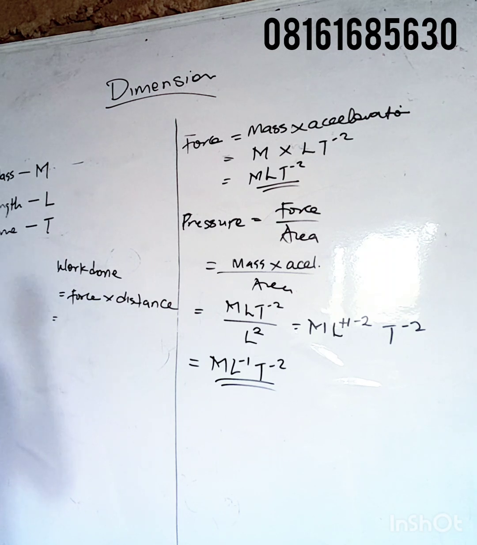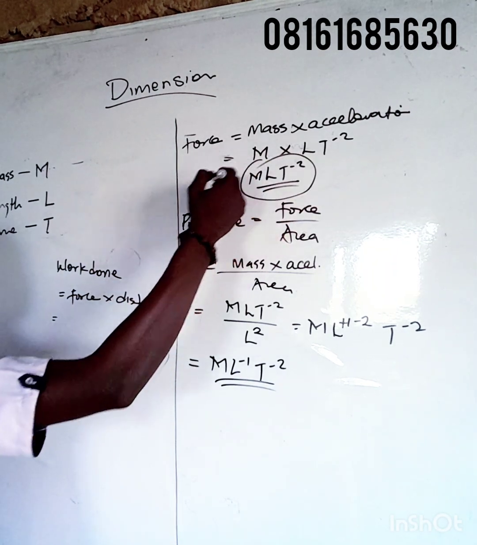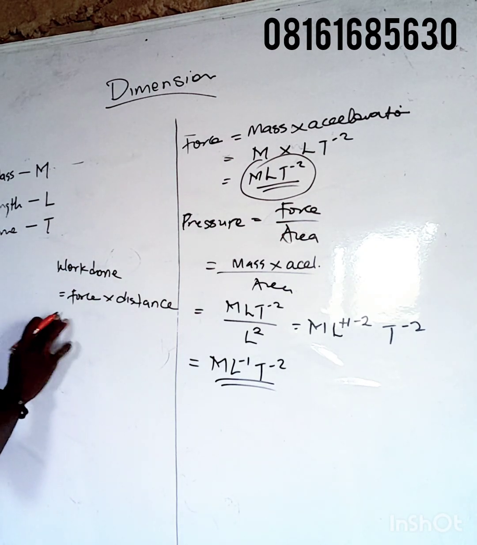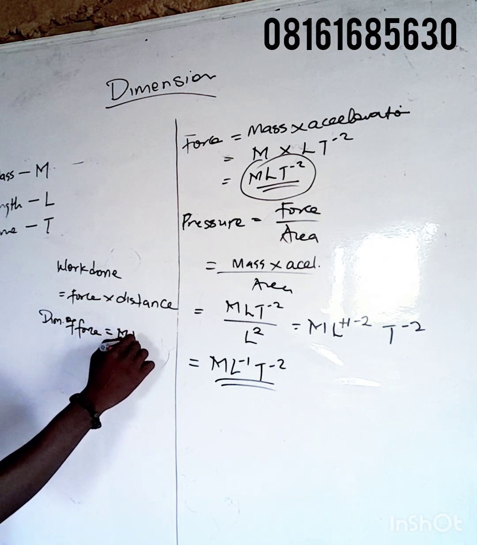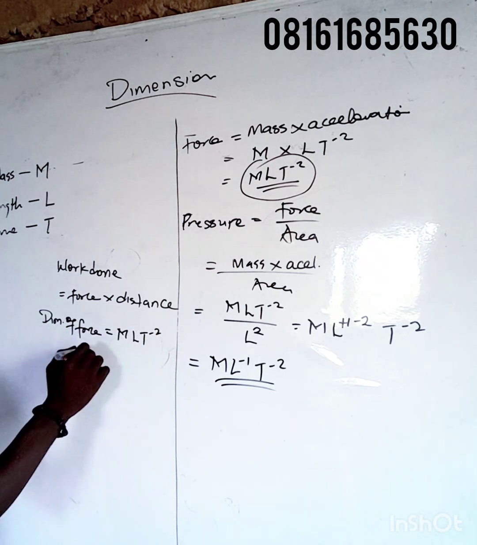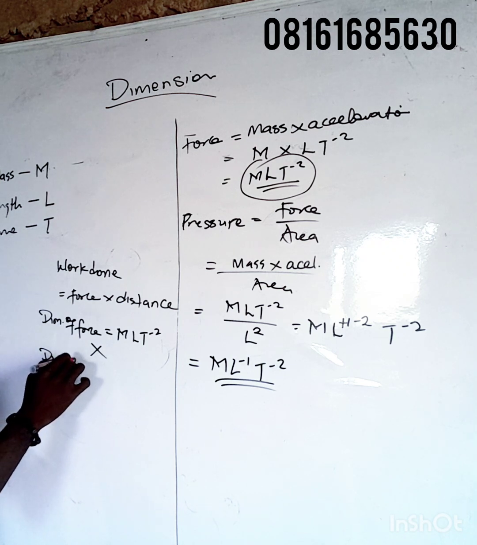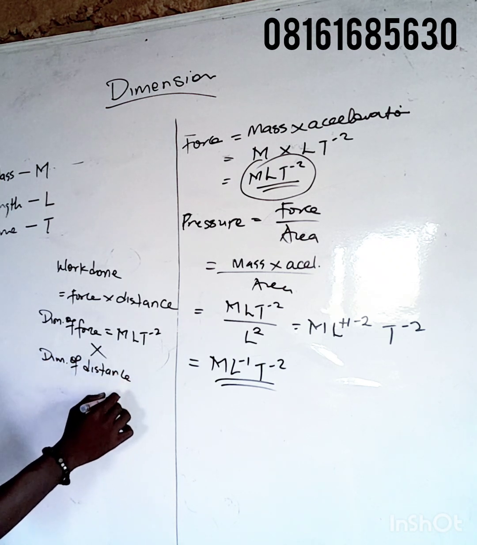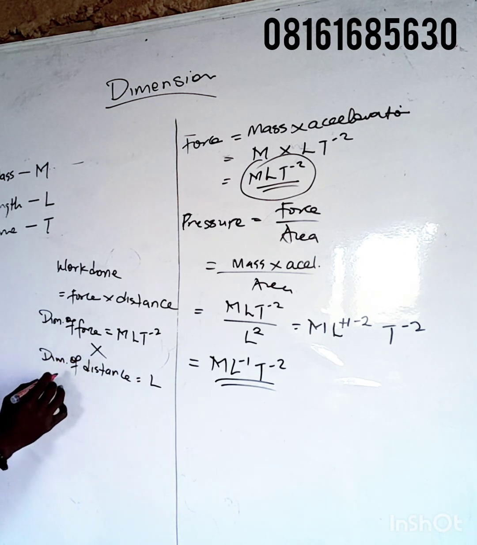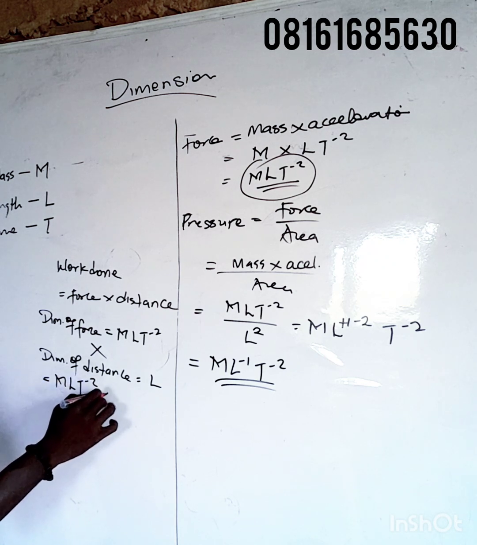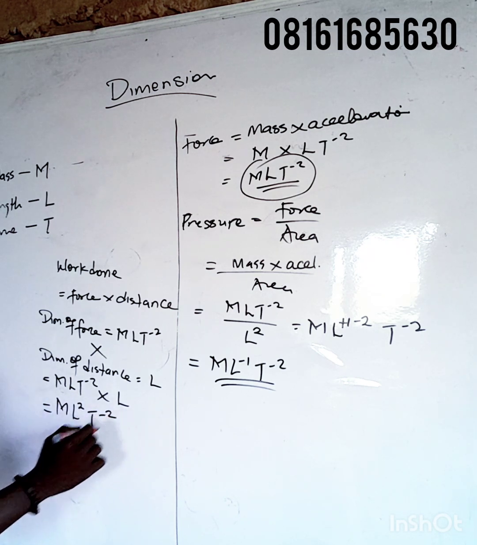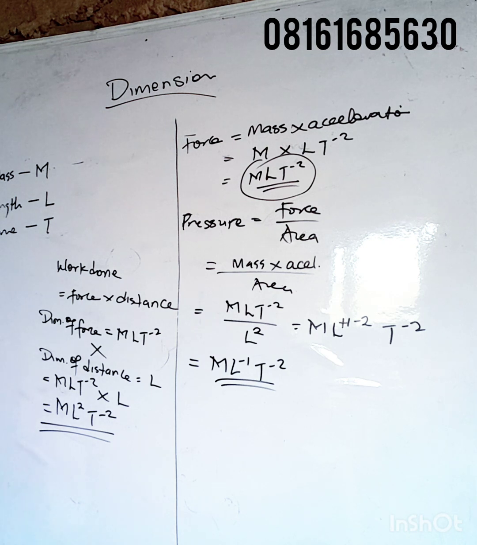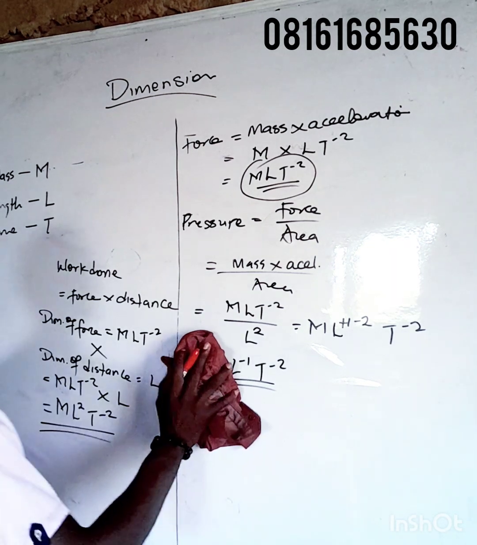As far as force is concerned, we have MLT to the minus 2. So the dimension of force is ML per T squared, multiplied by the dimension of distance, which is L. Combine the two together: ML per T squared times L. That means ML squared per T squared. Right? Yes. Good. That is ML squared T to the minus 2.